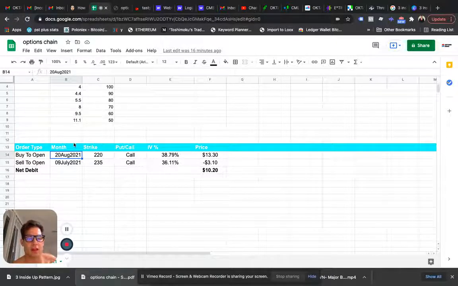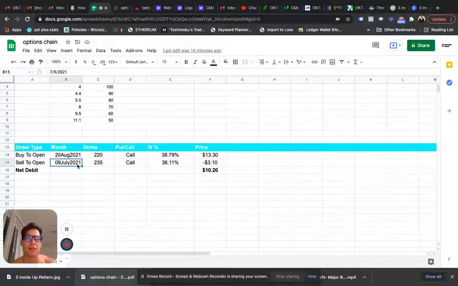You can tell there are two different expiration dates and two different strikes. What we're doing is selling an out-of-the-money call with a shorter expiration date while we buy a longer-dated at-the-money call. This protects the call we're selling.